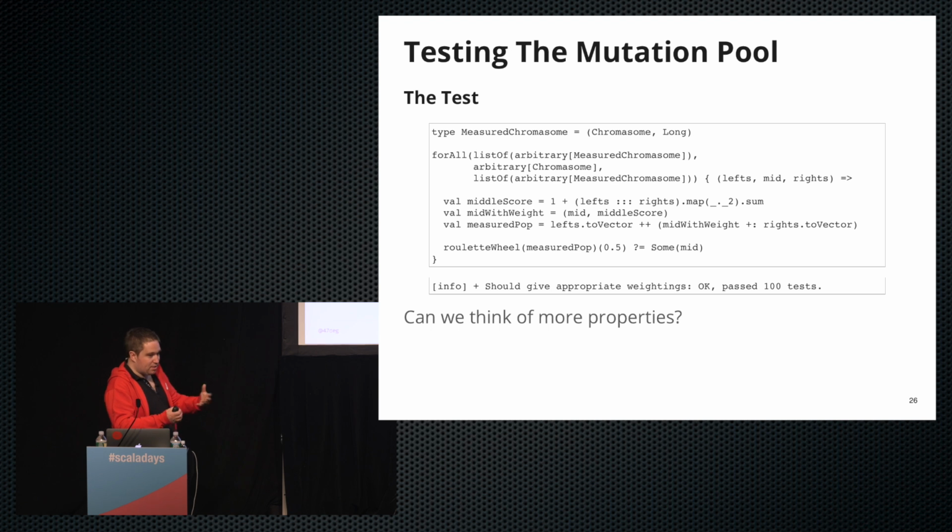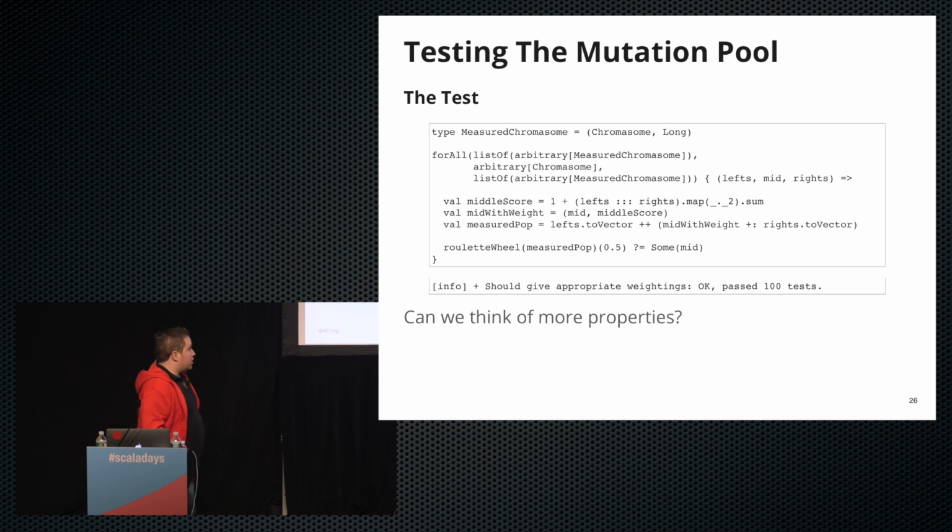You start to build up that this is actually doing quite a thorough test of our mutation pool. We're just holding this single rule that as long as one of the chromosomes is really, really fit compared to everything else, that will always return at the halfway point. Then when we run this, it's great because ScalaCheck runs it 100 times for us and it always returns true.